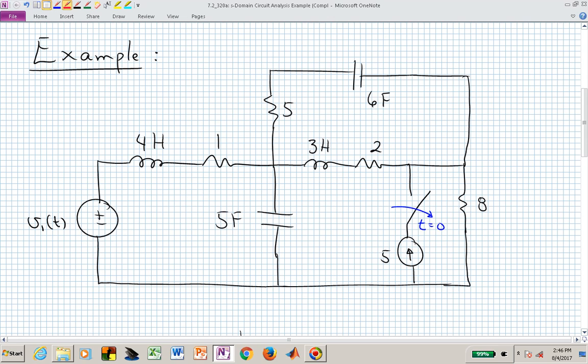And we also will have this 5 amp current source in play, which is actually going to be in parallel with this 8 ohm resistor, and we will also have this voltage source on the far left having a constant value of 1.